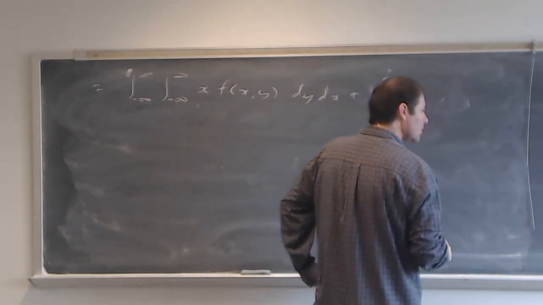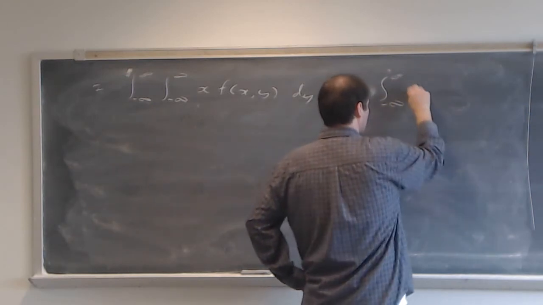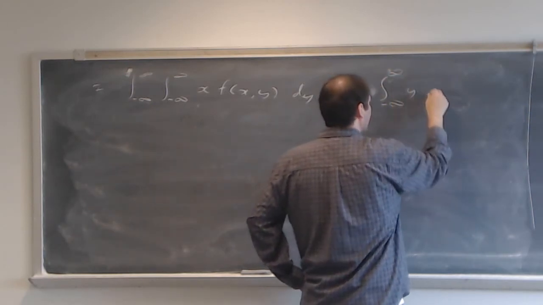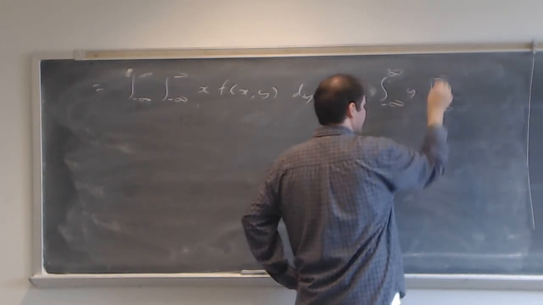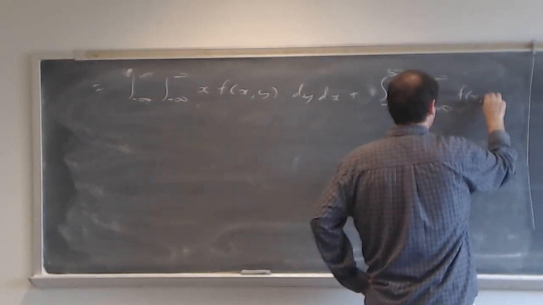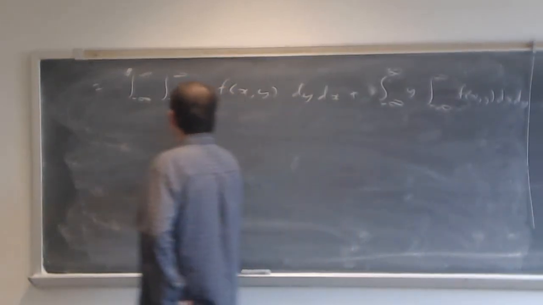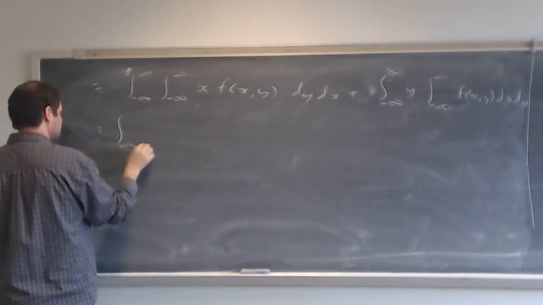Integral from minus infinity, we're doing with respect to x first. So I pull out that y that was there. And now that integral from minus infinity to infinity, f of x comma y dx dy. Here I can pull out the x.